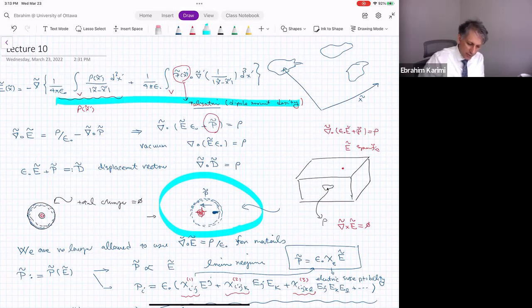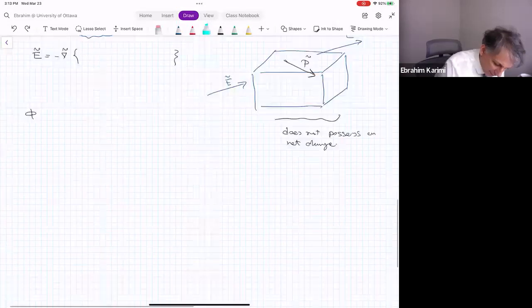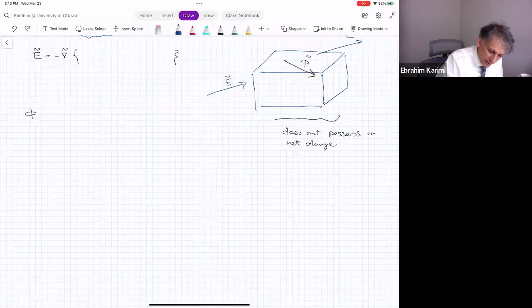Okay, so here the same situation will happen. Essentially, phi that we had at any given place x was 1 divided by 4 pi epsilon_0 integral of rho of x prime over |x minus x prime| d^3x prime.